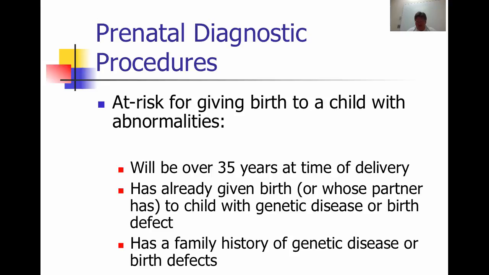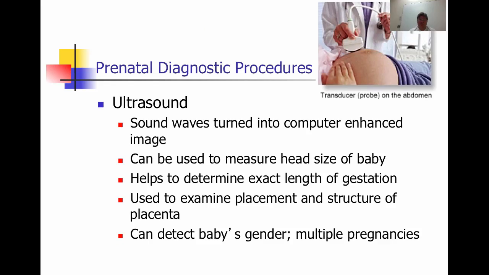They may have a family history of genetic disease or birth defects, or a medical history of certain genetic traits such as sickle cell anemia or diabetes. So let's look at some of these prenatal diagnostic procedures. You may have seen or heard or maybe even experienced some of these before.